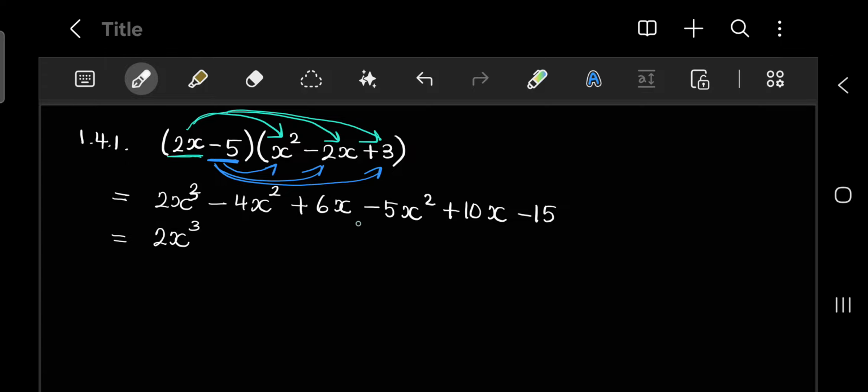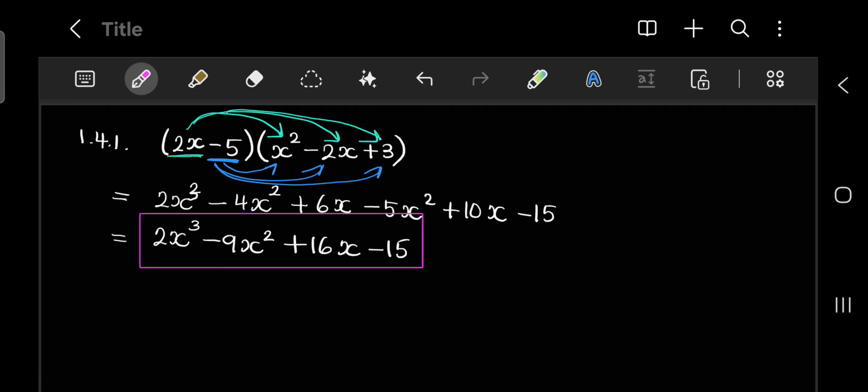Negative 4x squared minus 5x squared is going to be negative 9x squared. Then we've got a 6x plus 10x, which is 16x. And the only constant that we have here is negative 15. Now, this cannot be further simplified, which means that is our final answer.